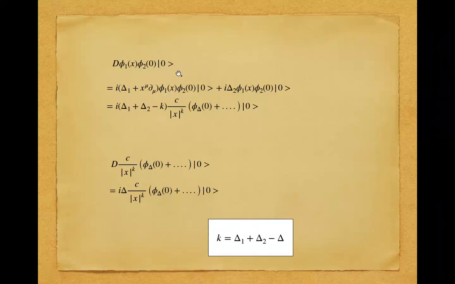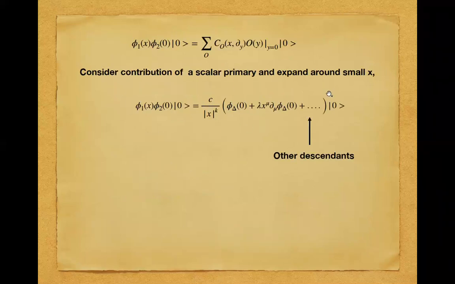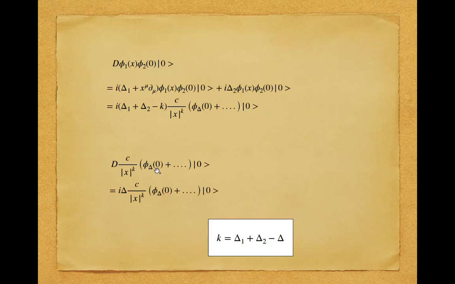Now you take directly the right hand side of this equation and act with D. You can see that this is just some complex number, and this is a generator, so this is an operator. Therefore it will not act on the number; it will directly act on the phi delta piece.